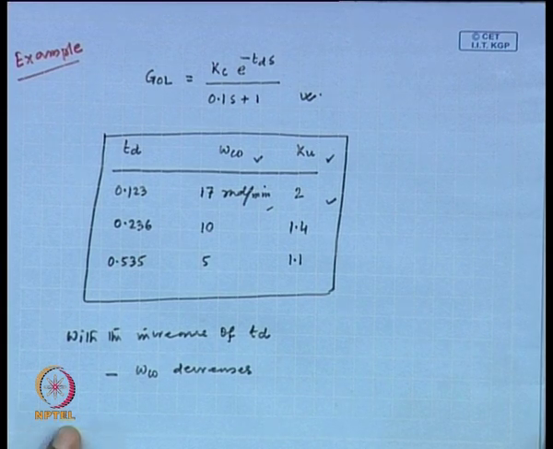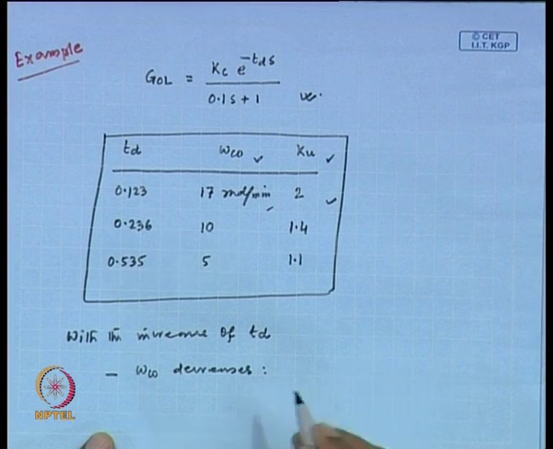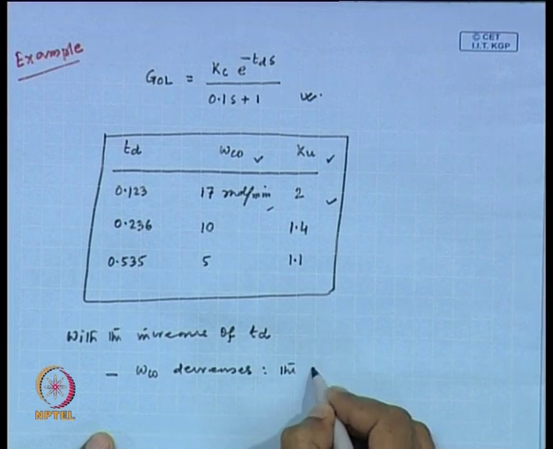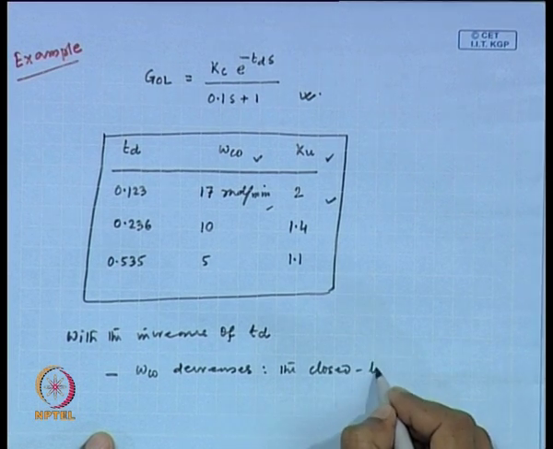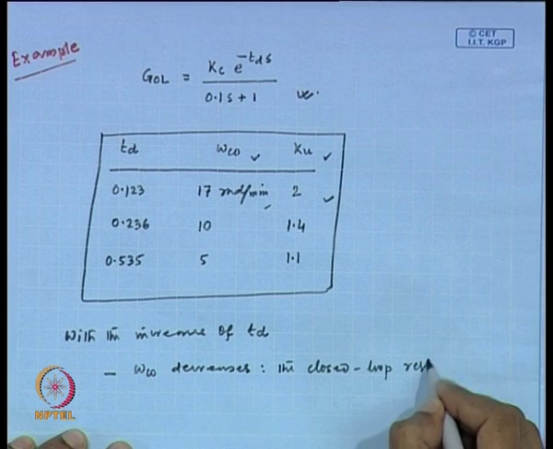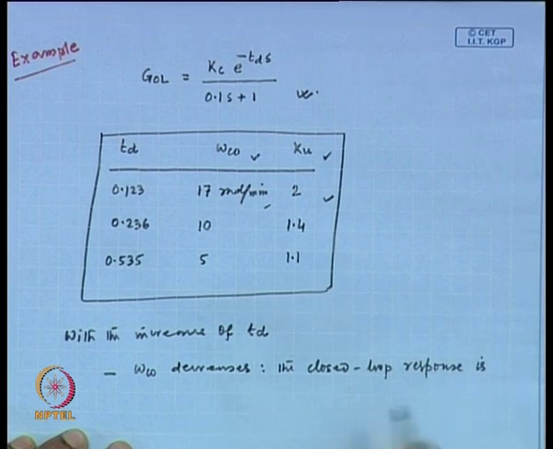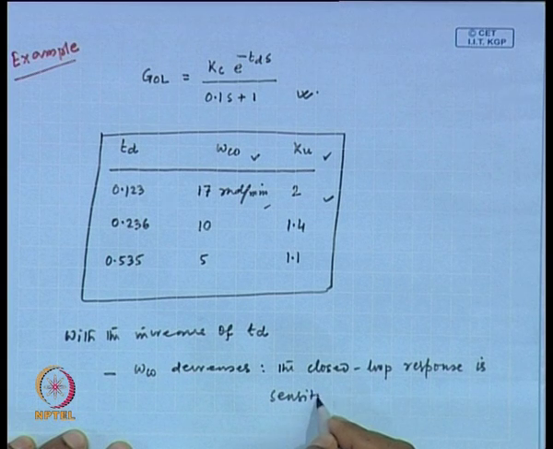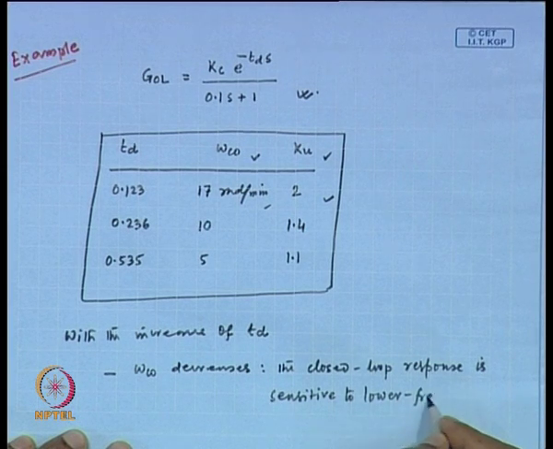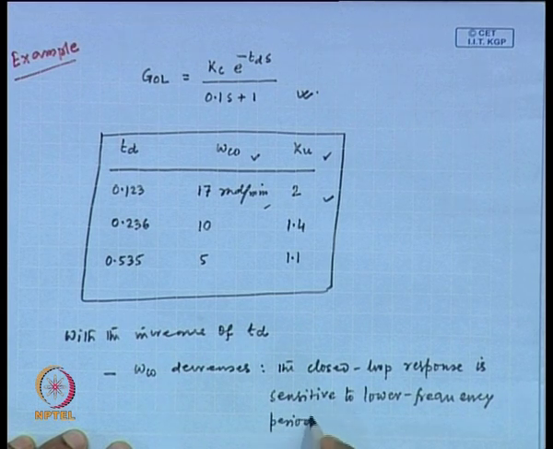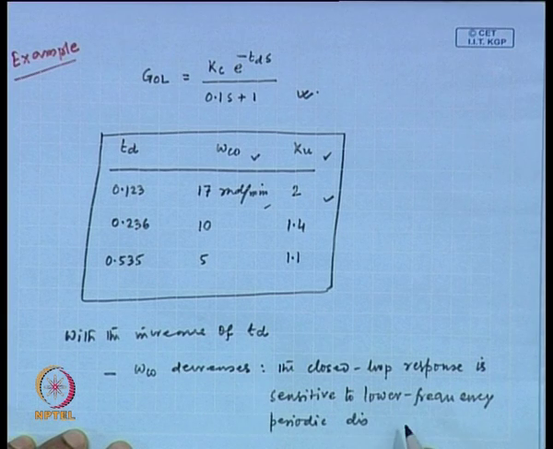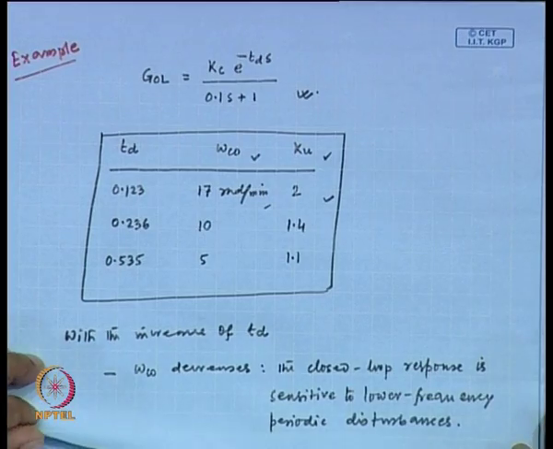It means the closed loop response is sensitive to lower frequency periodic disturbances. This is the first observation.